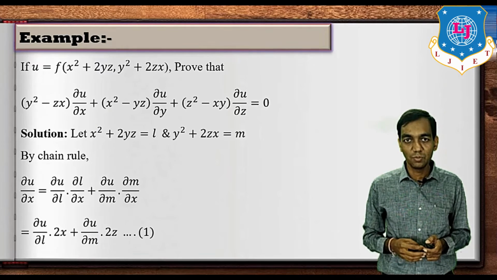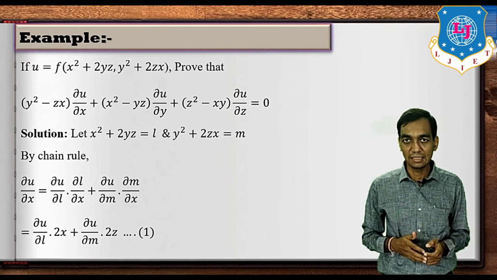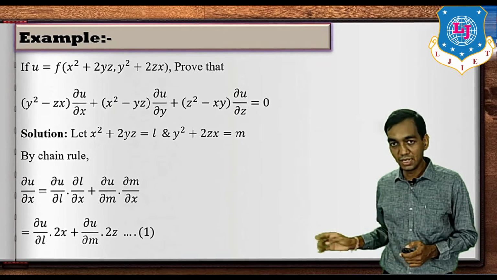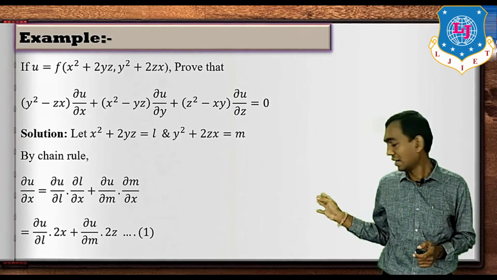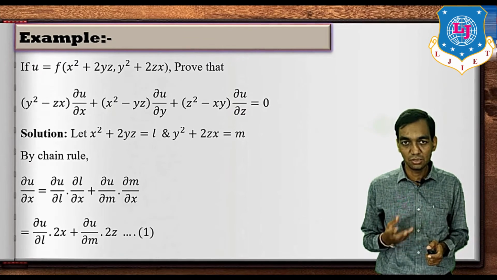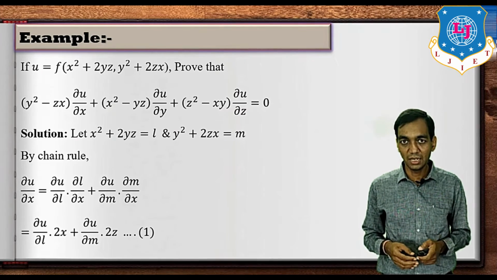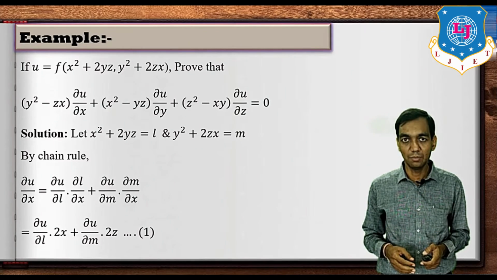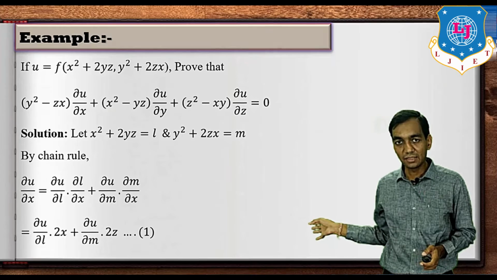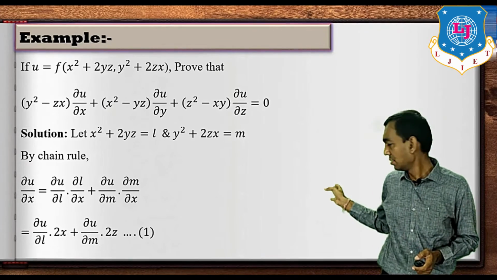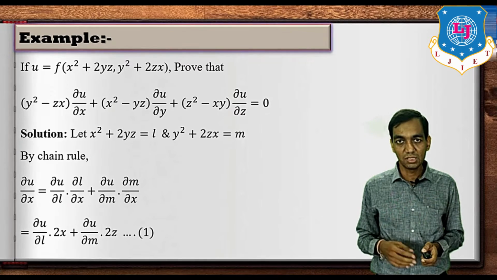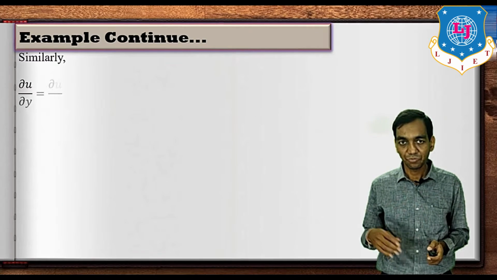So your chain rule for del u by del x will be del u by del L into del L upon del x plus del u by del M into del M by del x. Now the function is not given, so del u upon del L and del u upon del M remain as they are, and del L upon del x has a value 2x. In the same manner, del M upon del x has a value 2z. So this is your equation number 1.